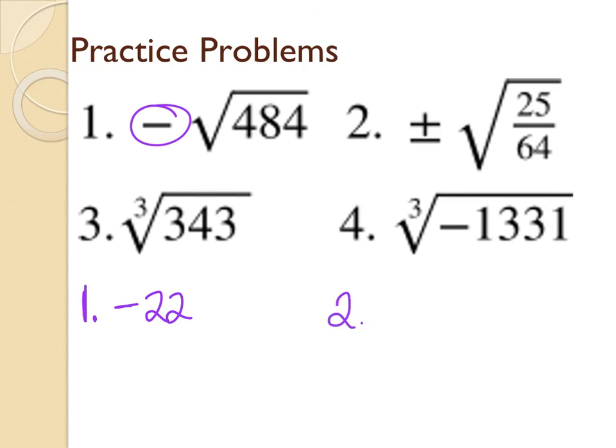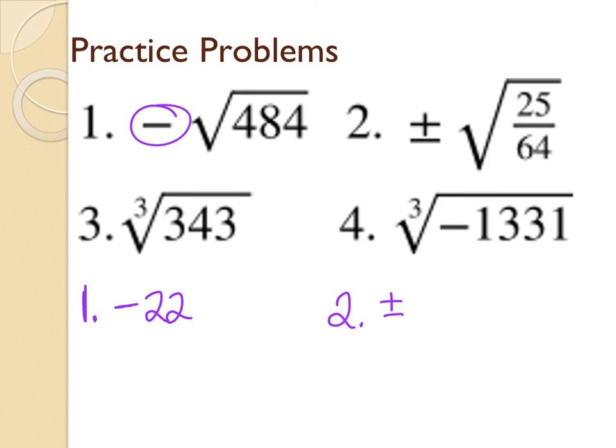Then I have number 2. It's positive negative square root of 25/64. There's 2 ways that you can look at this. You can put it in your calculator, second, x squared, 25, ABC 64, enter.